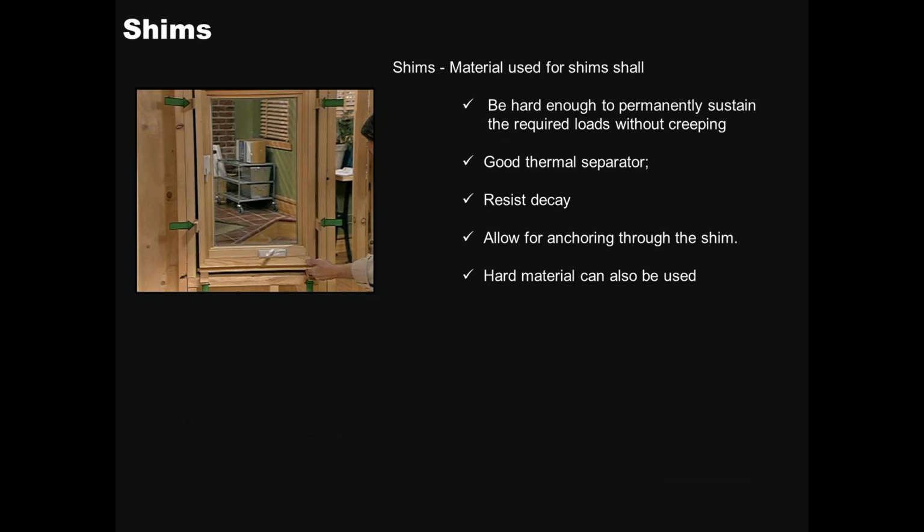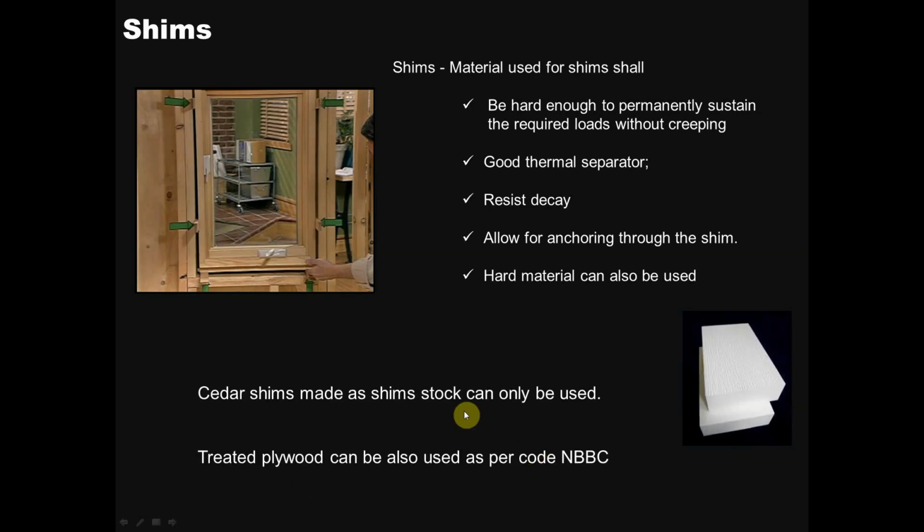Okay, now shims. They've got to be hard enough so they don't creep out, a good thermal separator, resist decay, allow for anchoring through the shim, and hard material can be used. Generally, I've been seeing the use of an AZEK type of material, because shims are hard to find, but a lot of the guys are using an AZEK block.